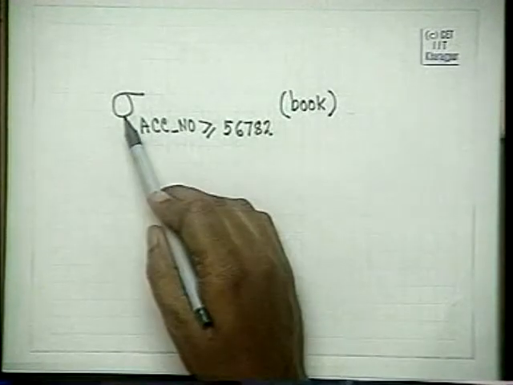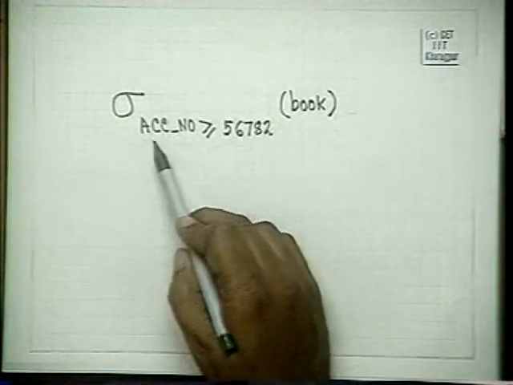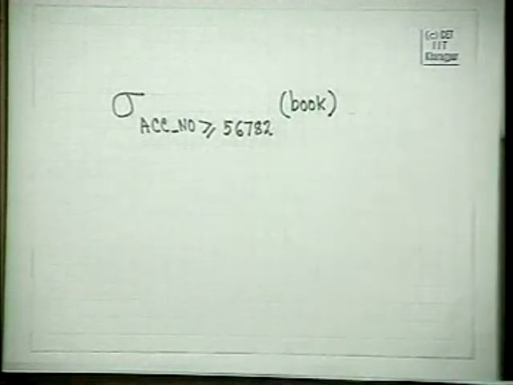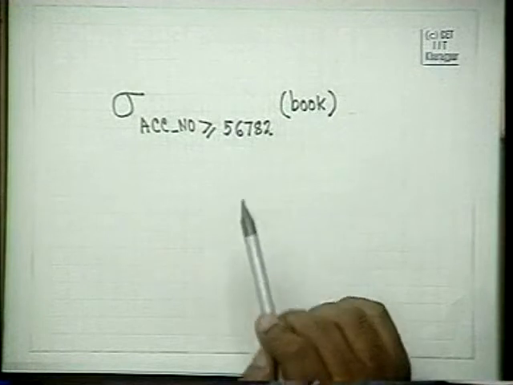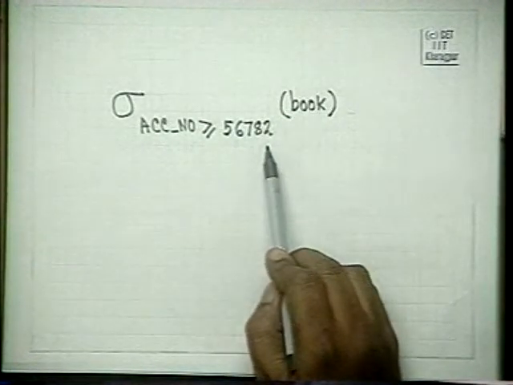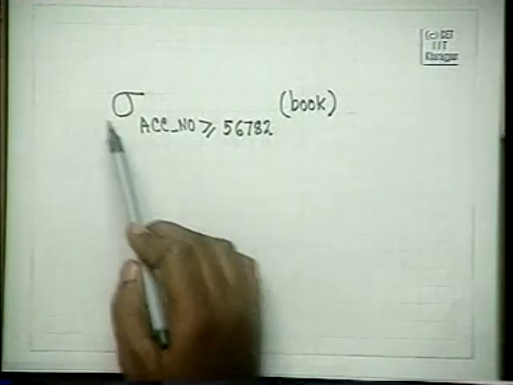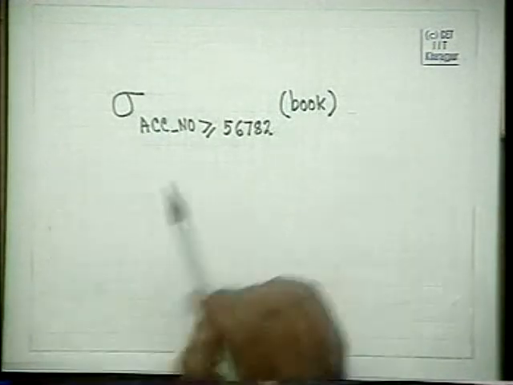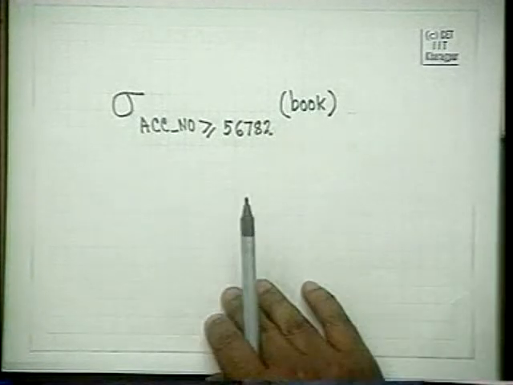Now this says select all books whose attribute accession number is greater than 56782. Therefore, in the book relation, it will find out all those books which have got accession number greater than equal to 56782, and it will return another relation which has got only those books, and the attributes of the returned relation will be same as the attributes of the argument relation.